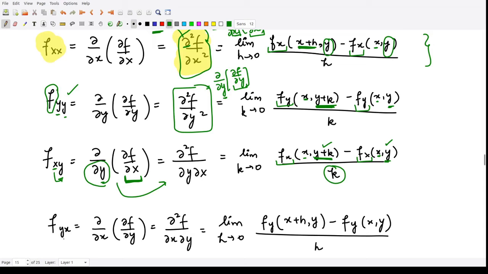That means firstly you are taking the derivative with respect to y and then you are performing the derivative with respect to x. So order here matters according to the subscripts. Firstly with respect to y and then with respect to x.